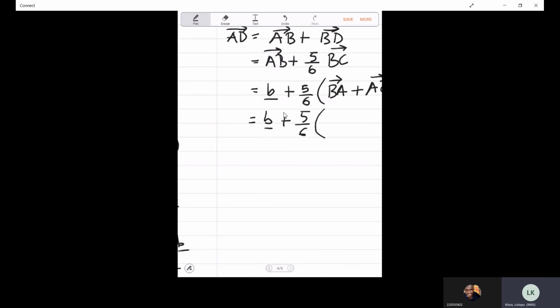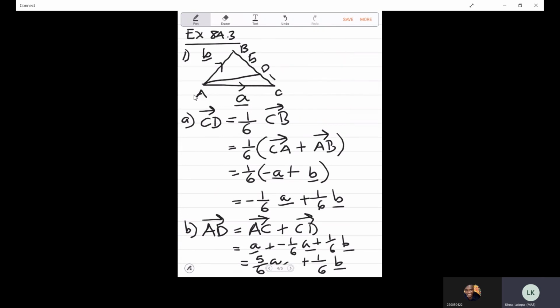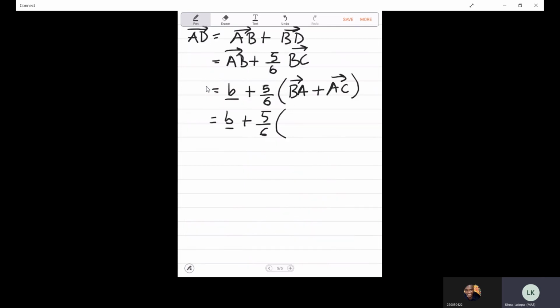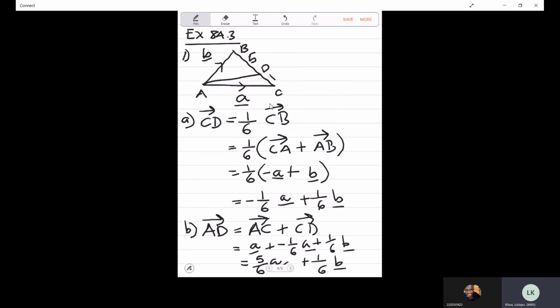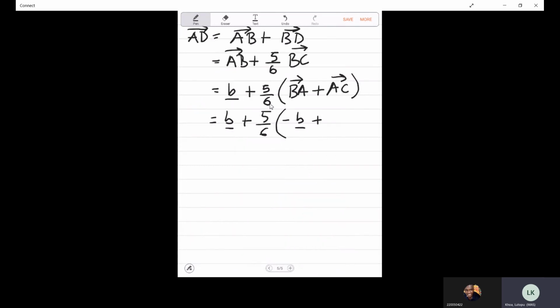Then from B to A, that is minus B. And then from C to A, this is A. Okay, so I hope I've substituted them correctly.